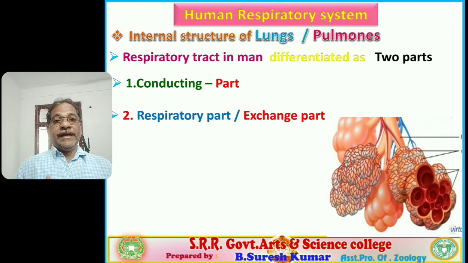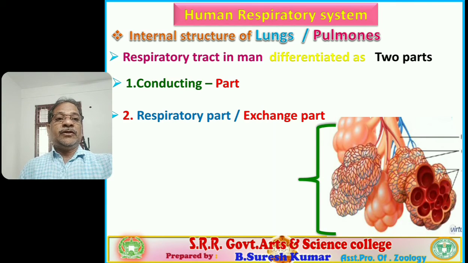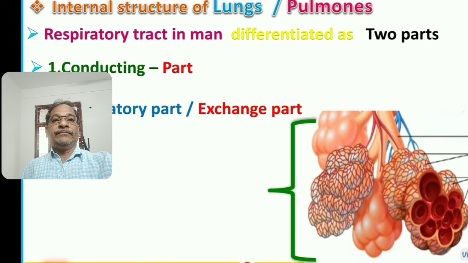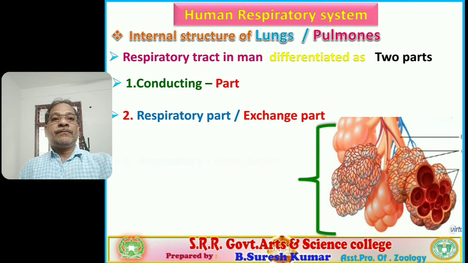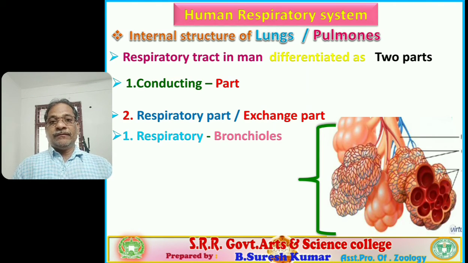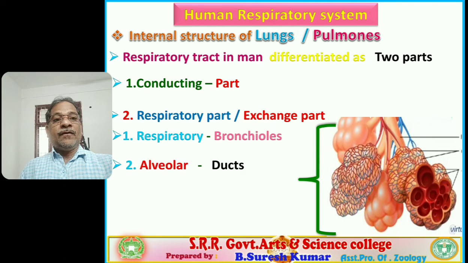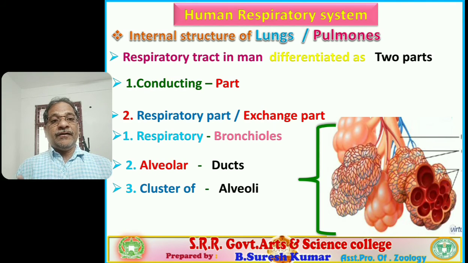Next, the subsequent part, the respiratory part, also called the exchange part. You observe this visual. It is the exchange part. The respiratory part includes the respiratory bronchiole. After crossing the terminal bronchiole, the subsequent tube is the respiratory bronchiole, and after that the alveolar duct, cluster of alveolar ducts, and after that the cluster of alveoli, group of alveoli.